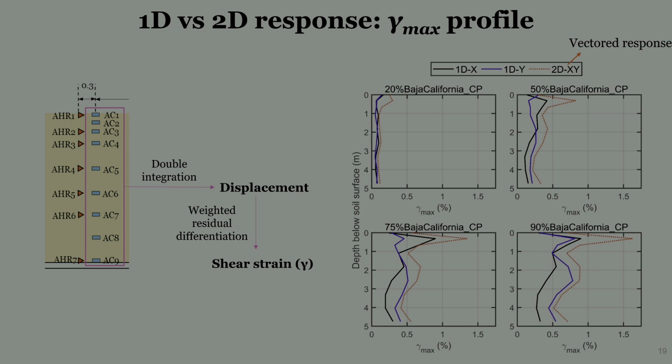Here are the results of the maximum shear strain profile for 1dx, 1dy, and 2dxy motions, also for the same Baja California motion. As you can see, if you increase the intensity of the shaking, we see a much larger difference between 1D and 2D shaking, meaning that the 2D shaking is inducing a stronger nonlinear soil response as compared to 1D shaking.